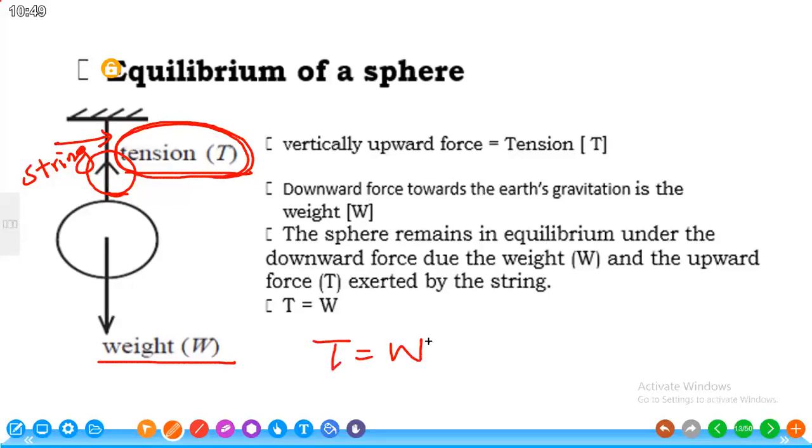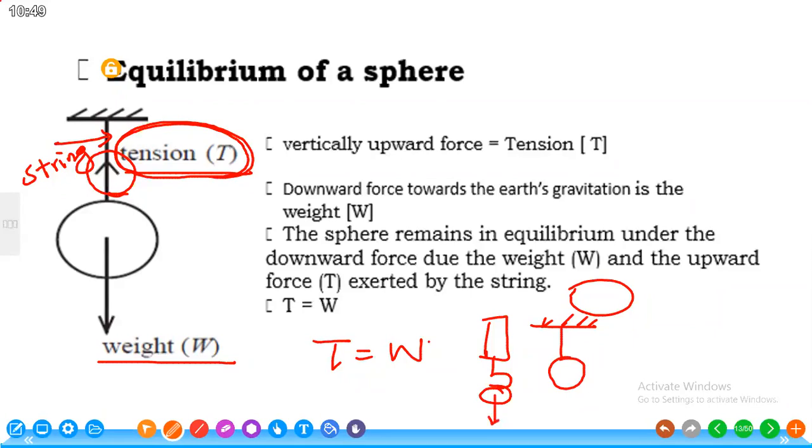Questions like this: the figure shows two cases. This is a spring balance with an object suspended on it, and this is an object suspended on a string. Then you are asked to indicate the forces.